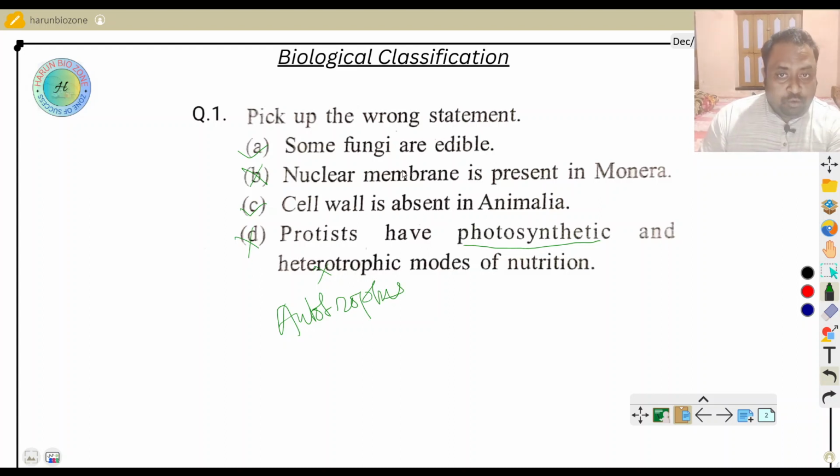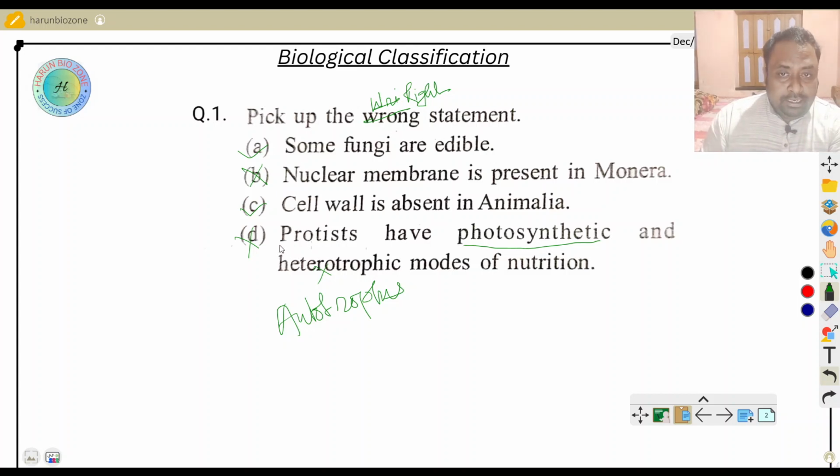So here the question is wrong, because it says pick up only the right one. Only C is the right statement here, and A is also a right statement, but these two are wrong answers.